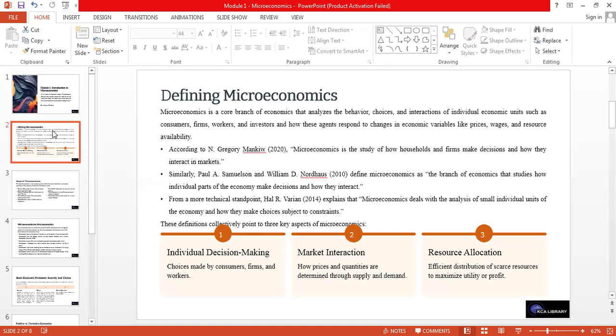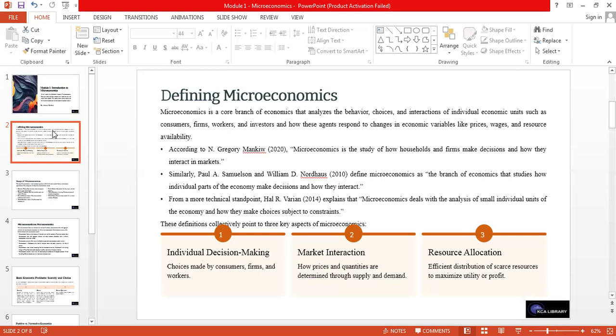This term microeconomics is defined by different scholars also. Mankiw 2020 defines microeconomics as the study of how households and firms make decisions and how they interact in markets.